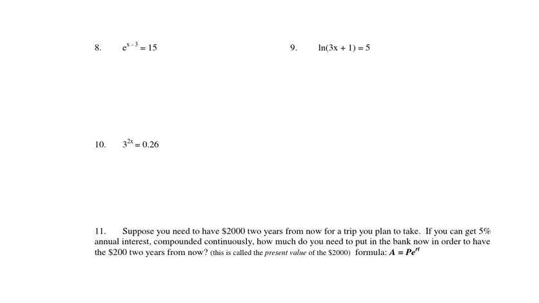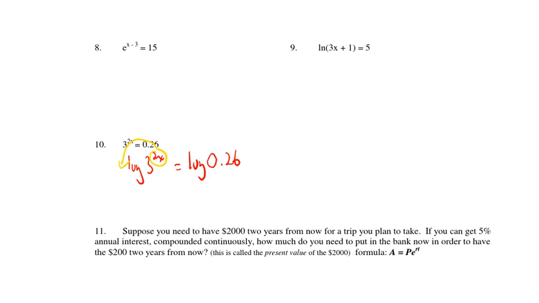So you're going to start off with log of 3 to the 2x equals log of 0.26, and then you're going to move the 2x in front. Does that help, or should we keep going?